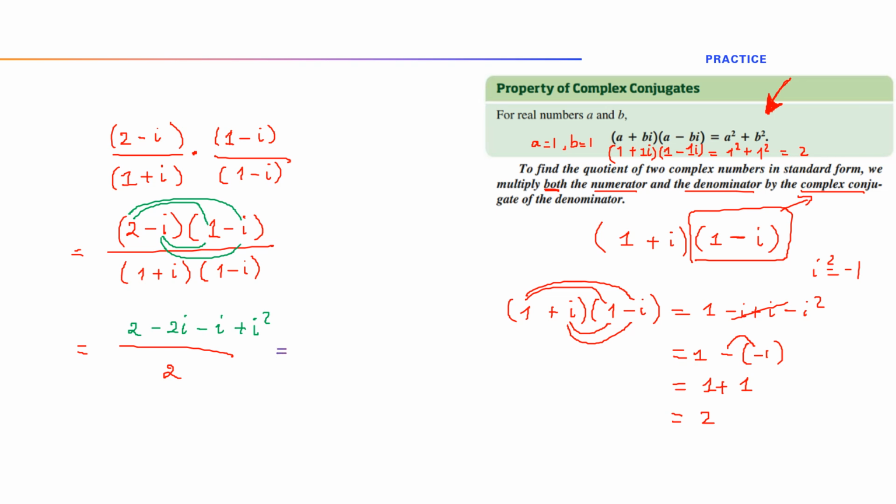Now we continue. I squared is negative 1. So 2 minus 2i minus i is minus 3i, and i squared is minus 1. Now simplify it. Combine like terms: 2 minus 1 is 1. Minus 3i over 2. So this is the answer.